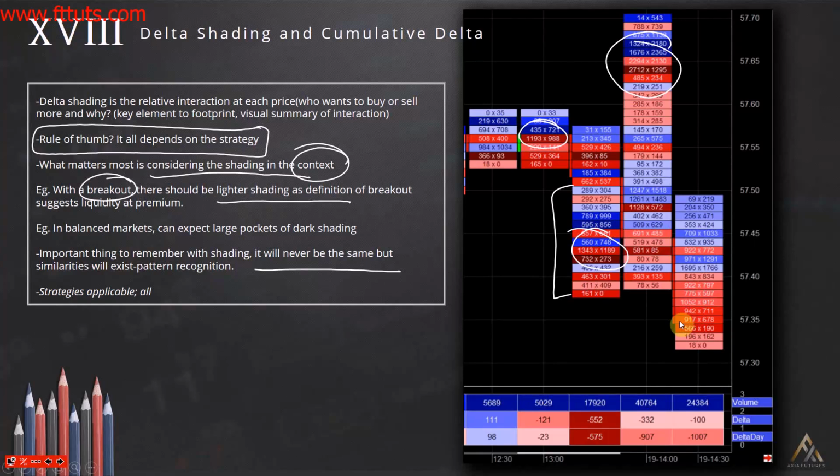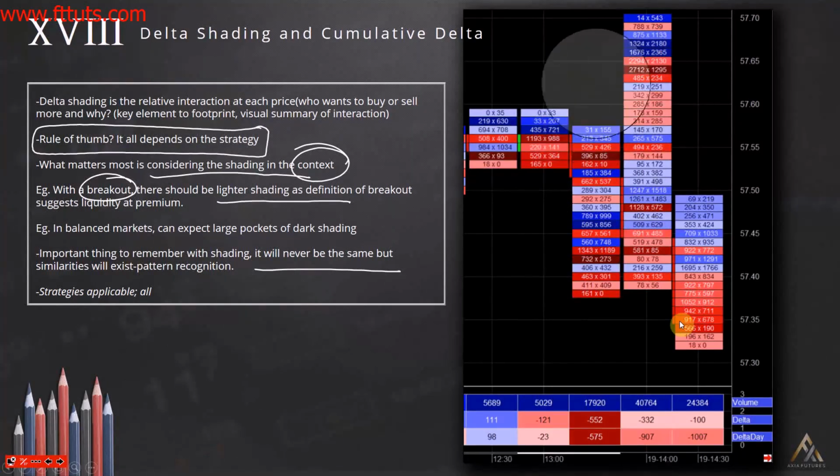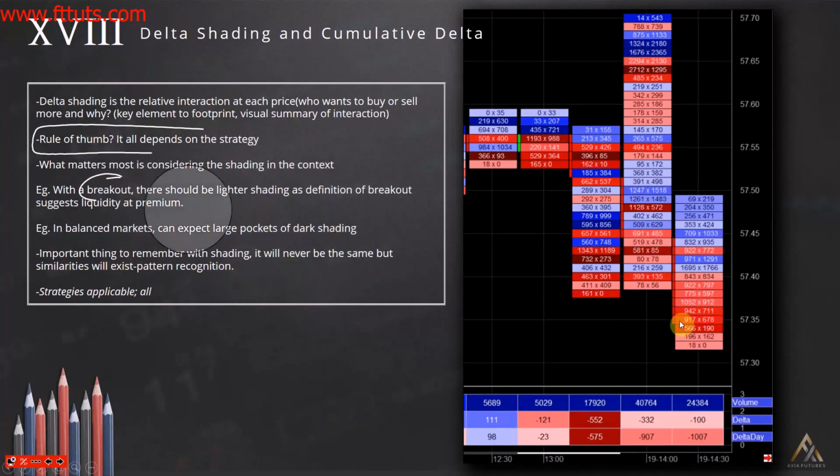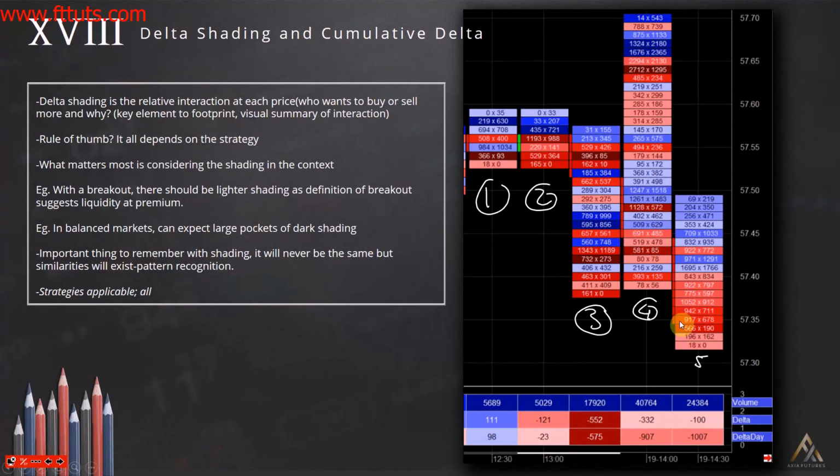Just a brief word on the cumulative delta. Like I said when we set up the tool, the cumulative delta is simply the delta being added up over all the rotations. So if every one of these is a rotation, 1, 2, 3, 4, and 5, the cumulative delta is simply the delta in this rotation, plus the delta from rotation 2, plus the delta from rotations 3, 4, and 5.